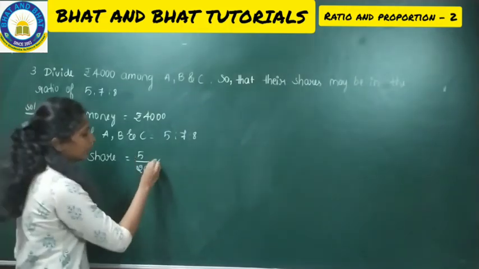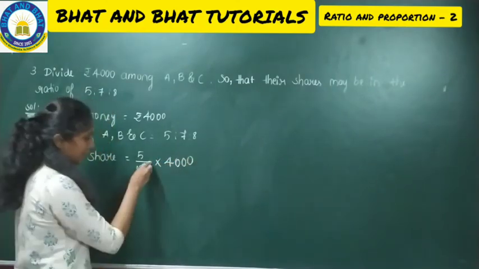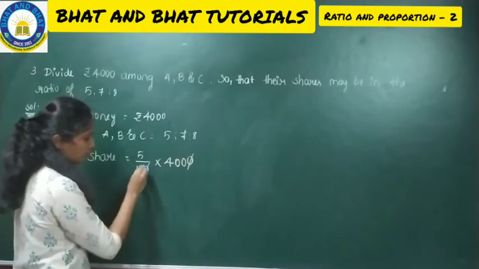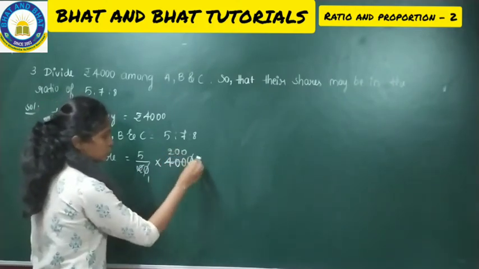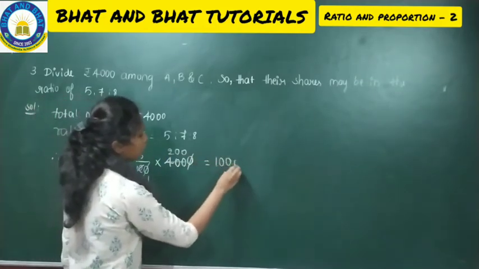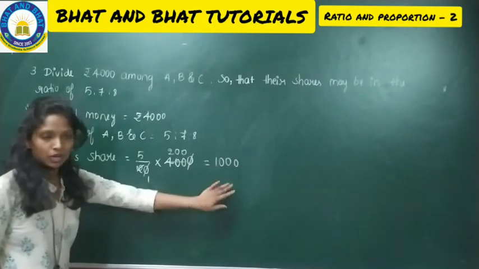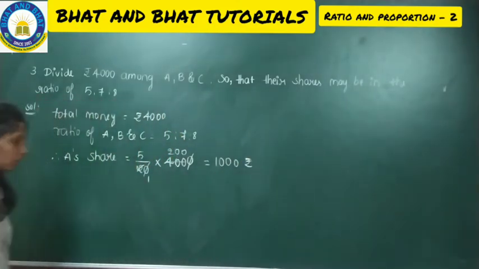Okay. So into 4,000, I have to divide. 2 ones are, 2 twos are, 0, 0. So now it is 200 into 5, it is rupees 1,000. So 1,000 rupees can be given for A.